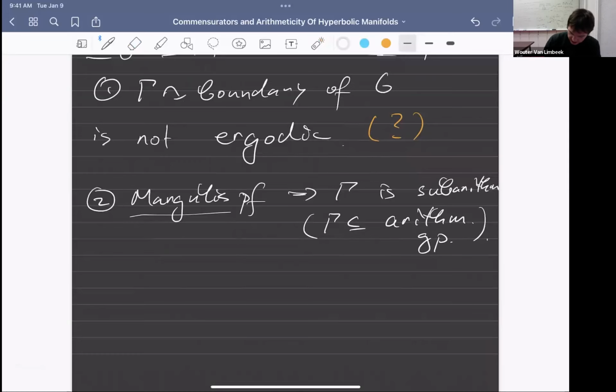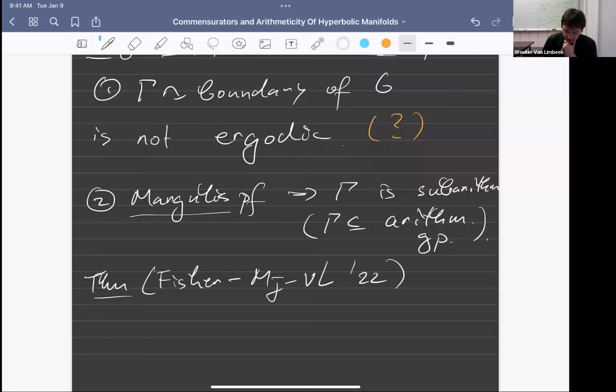We also have a result in this general case, very different from the previous one, but I just wanted to advertise it and maybe ask a question. So assume that we don't have this first problem. We don't know how to deal with this first thing, but we do know how to do the second one. So assume that gamma acting on the boundary of G is ergodic.